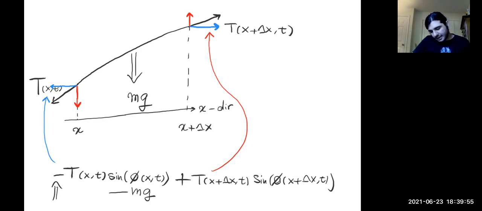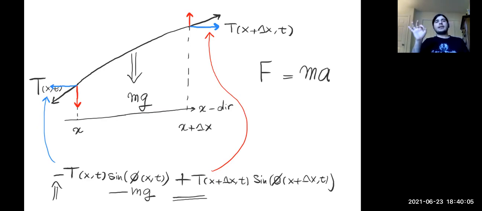Now, by Newton's second law, if you remember, the total force in every direction, both vertical and horizontal, is equal to ma, where a is the acceleration in that direction. So this thing is equal to ma, where a shows the acceleration in the vertical direction.